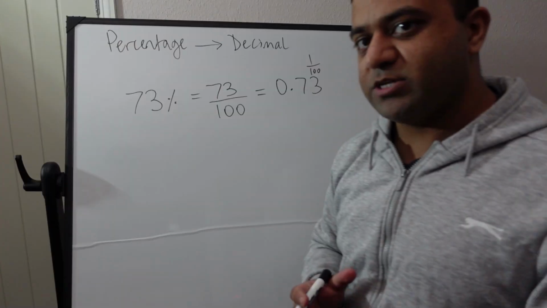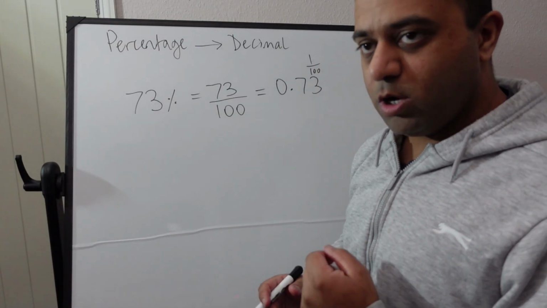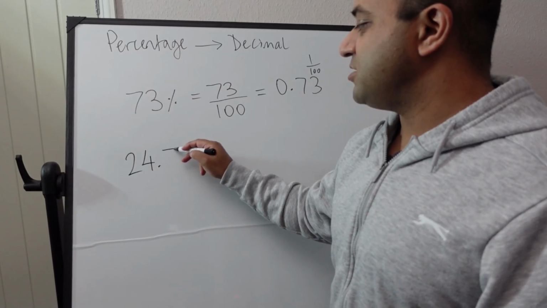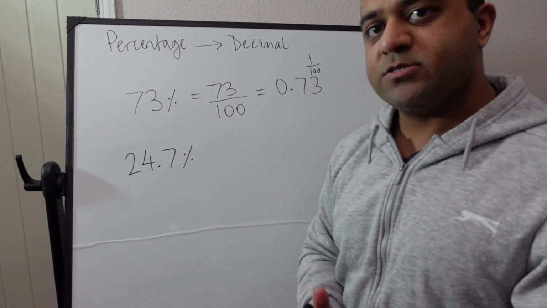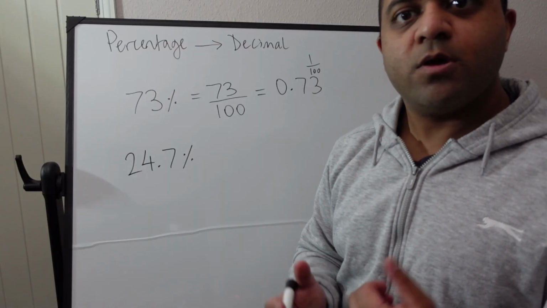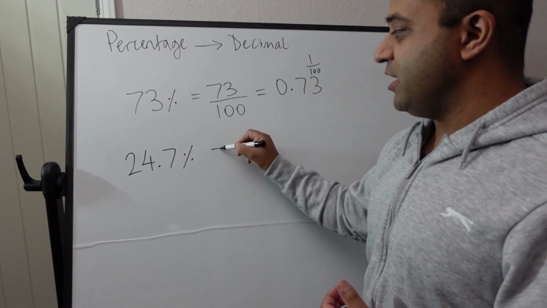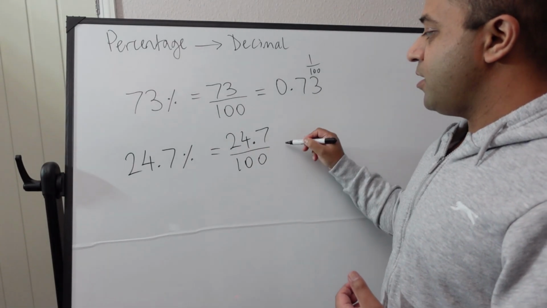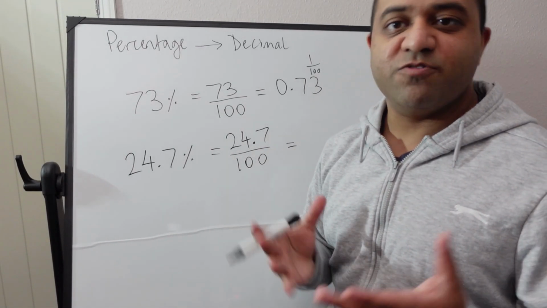Let's do one more example. We'll do a little bit of a harder one. What about 24.7% if we wanted to change that into a decimal? Well, we can use the same technique, 24.7 over 100, and basically we're dividing by 100.